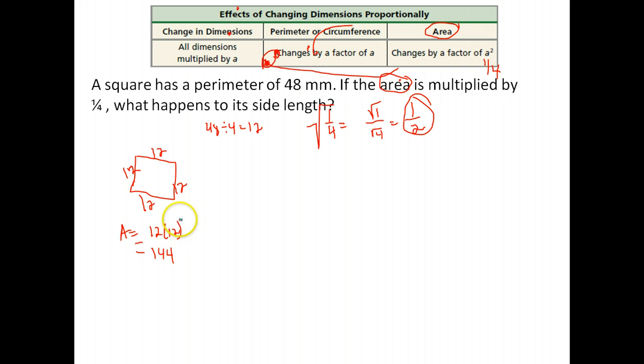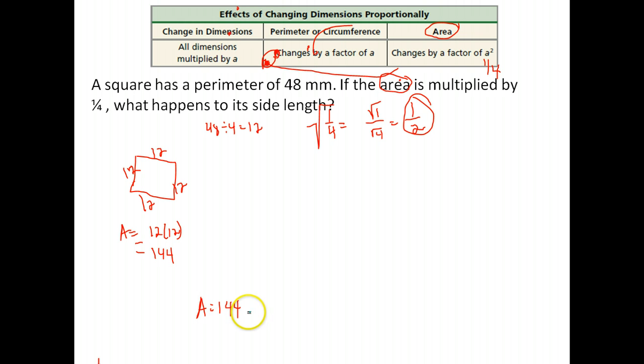What if we took that area and divided it by 4? Because that's what they're saying happens. What if the area is multiplied by a fourth? So let's take that area.